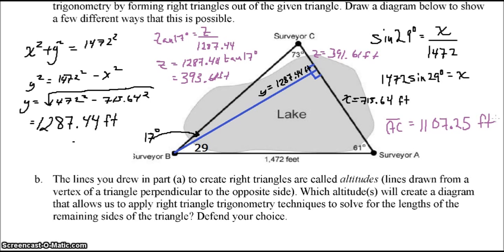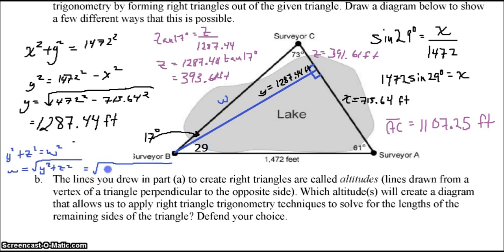Okay, so we still need the distance from Surveyor B to C. So now all we need to do is use the Pythagorean theorem with this triangle here. Let's call this side w. That's the hypotenuse, so y squared plus z squared equals w squared. So w will equal the square root of y squared plus z squared.